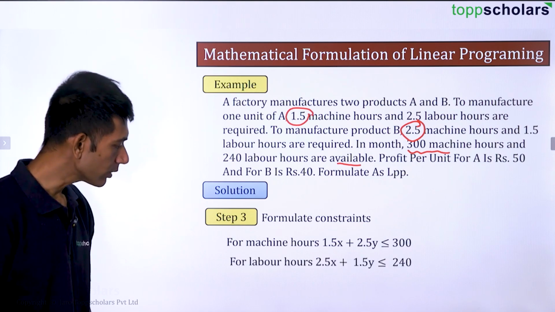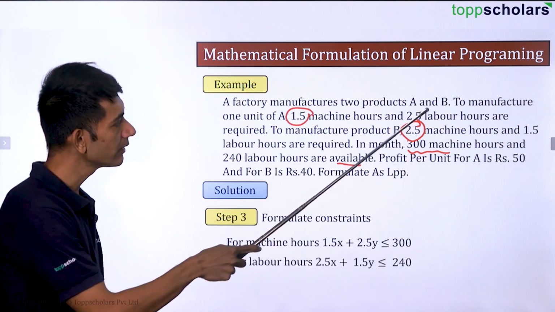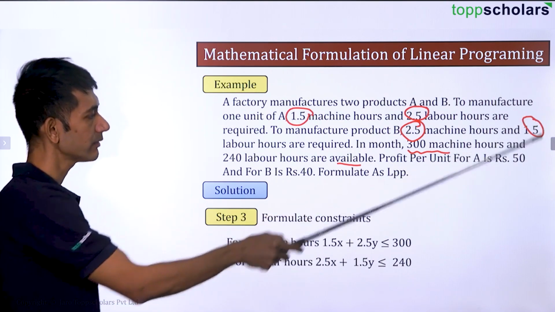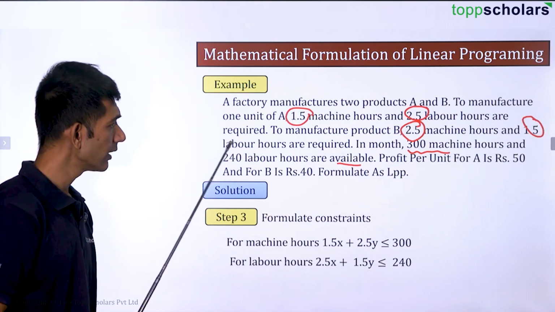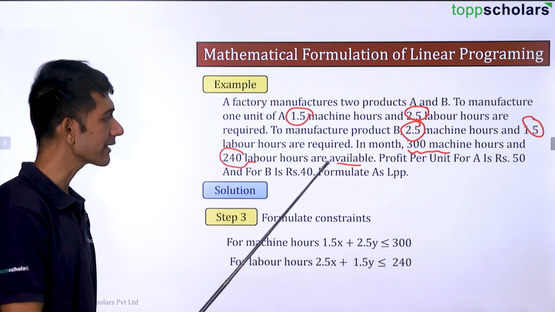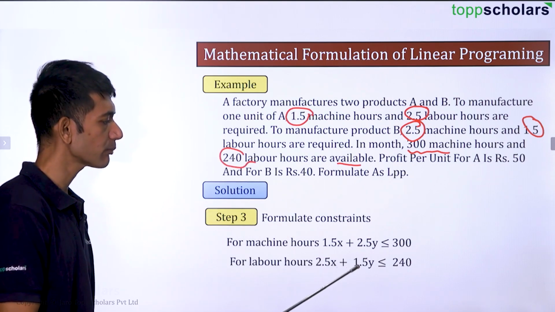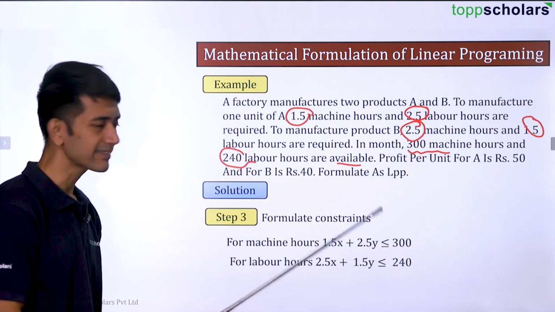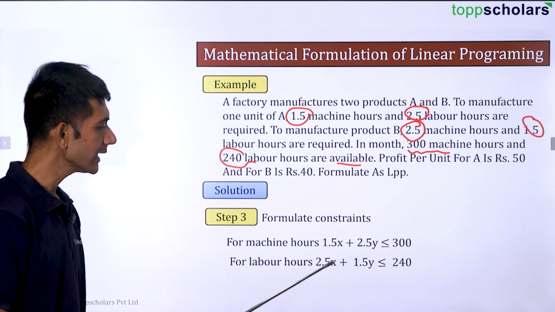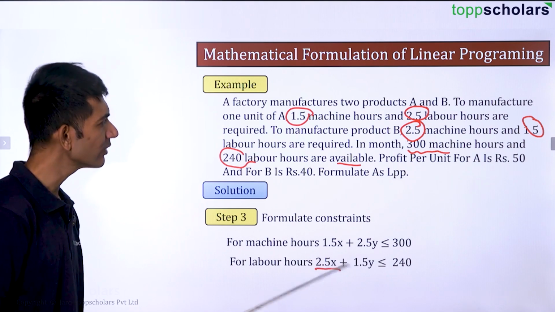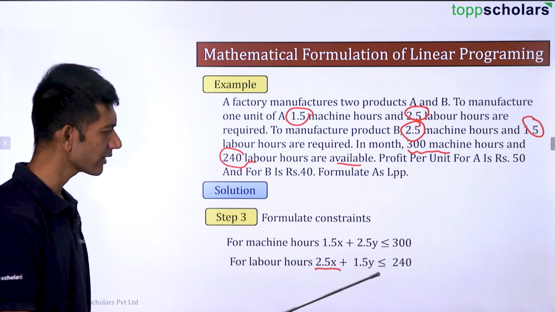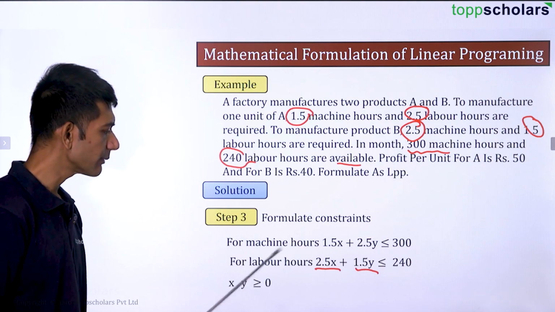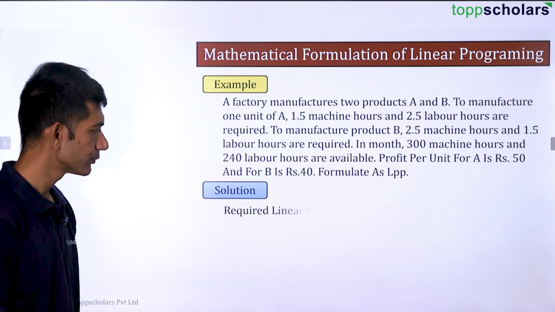Now if I talk about labor hours, for labor it is 2.5 and 1.5, and 240 are maximum available. So 2.5x plus 1.5y is less than equal to 240. Obviously x is for product A and y is for product B. X and Y, both of them are greater than equal to 0.